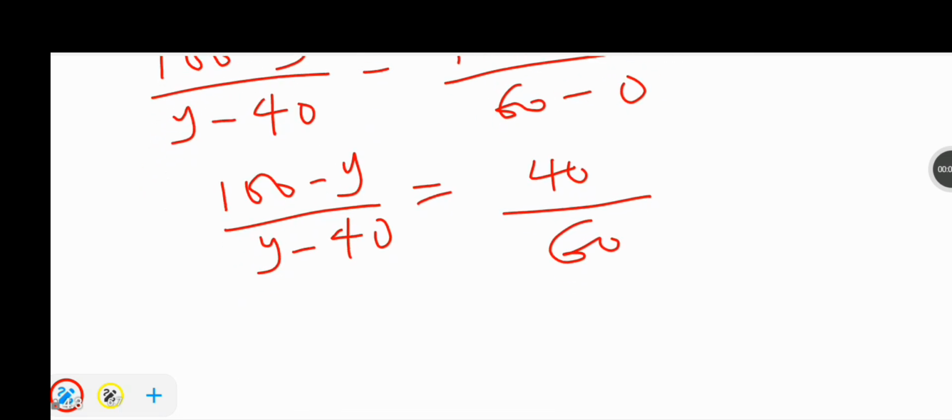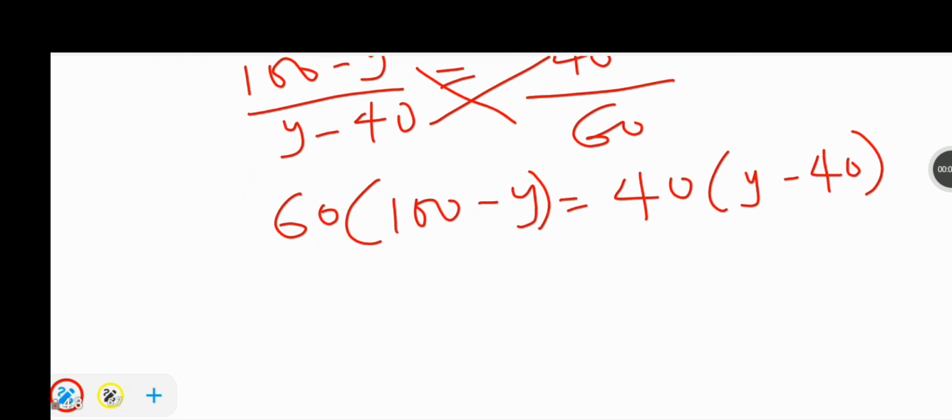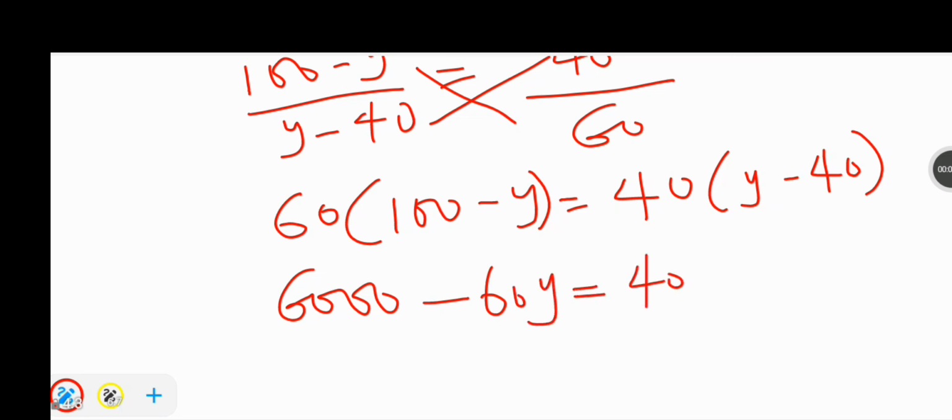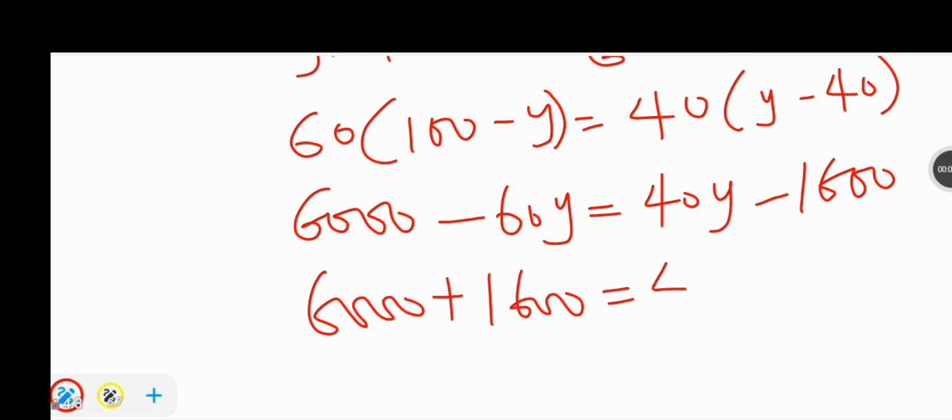So you cross multiply, you have 60 into 100 minus y. Then you expand: 6,000. So collect the like terms, you add these two together. So 6,000 plus 16 is equal to 40y.